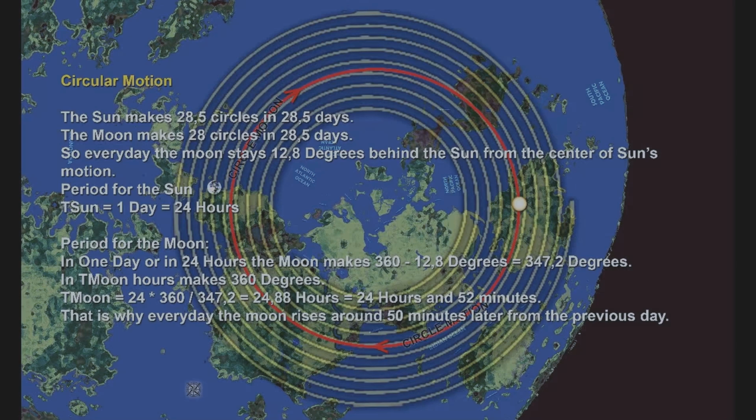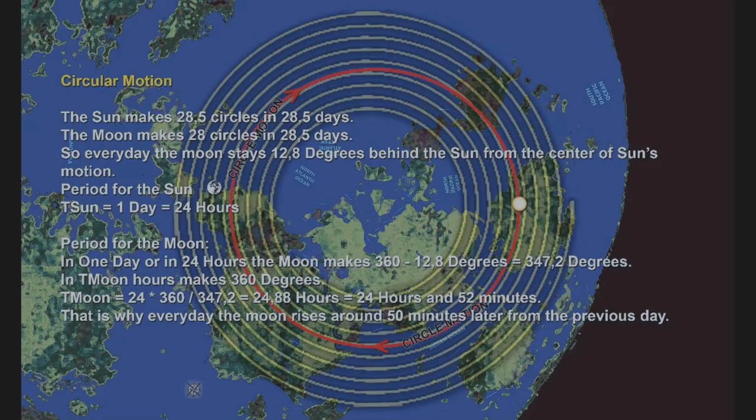Period of the Sun: T-Sun equals 1 day equals 24 hours. Period of the Moon: in one day, or in 24 hours, the Moon makes 360 minus 12.8 degrees, equals 347.2 degrees.